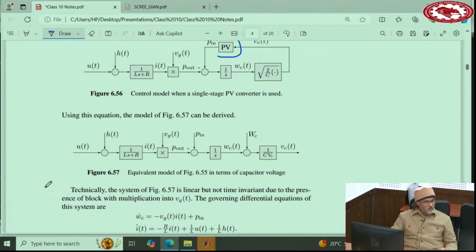Now, if we want to follow the strict mathematics and control, we have to follow this diagram for PV, for instance. But this is a nonlinear characteristic, already a nonlinearity here. It becomes too complicated. What we have done is that anyway, whether it's coming directly from a PV or through other converters, we treat this as a disturbance.